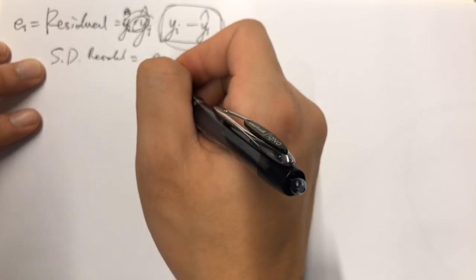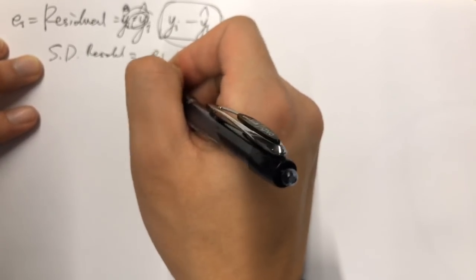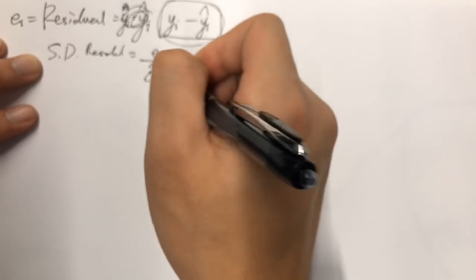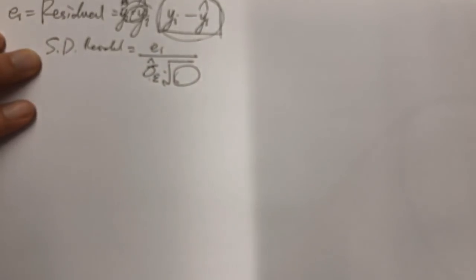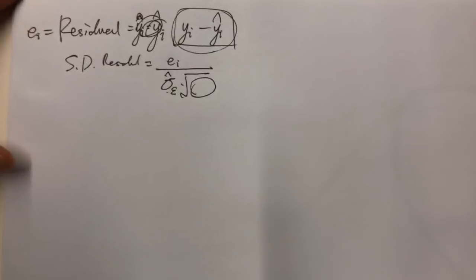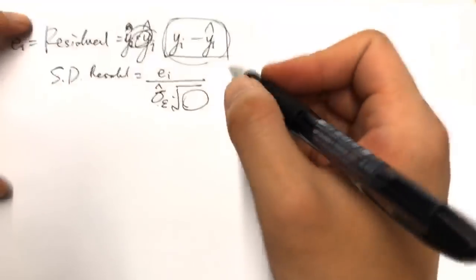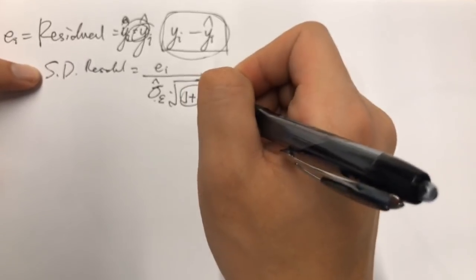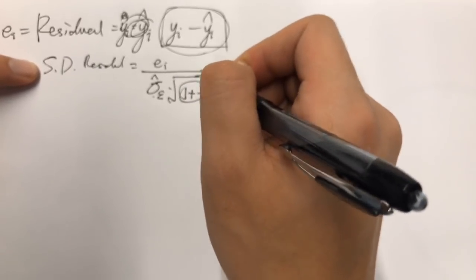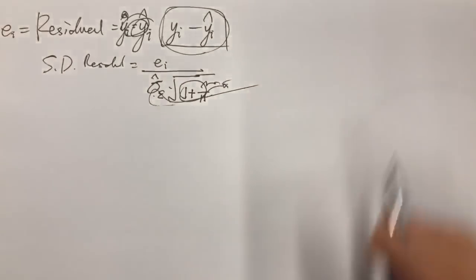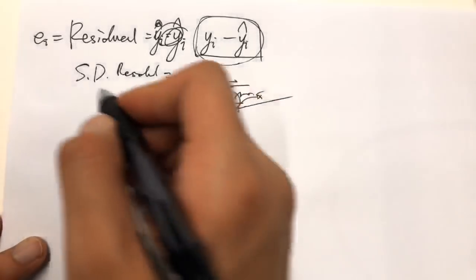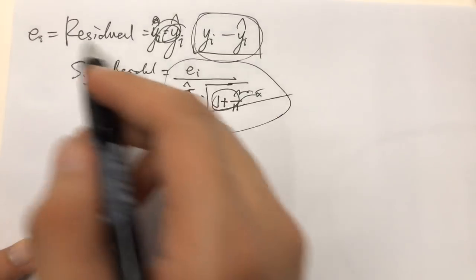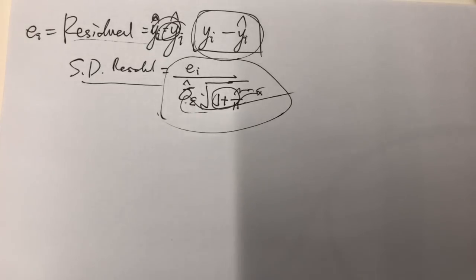This standard error is calculated as sigma epsilon times some adjustment. The formula is very complex and is in your lecture slides, something like 1 plus something related to x bar. I can't remember exactly, but the standardized residual is just a standardized version of the residual.